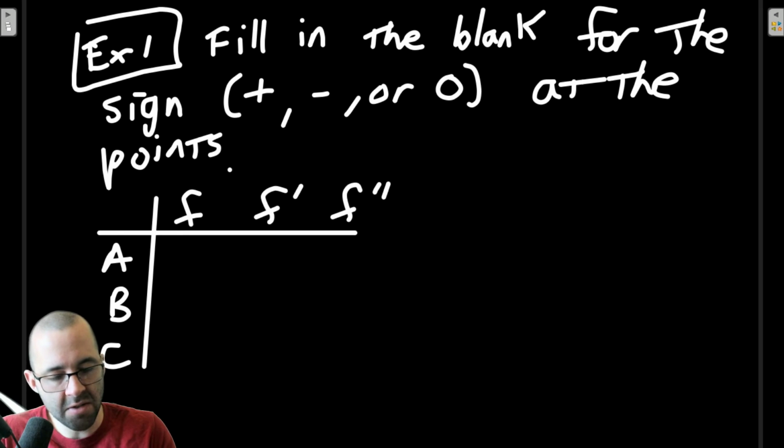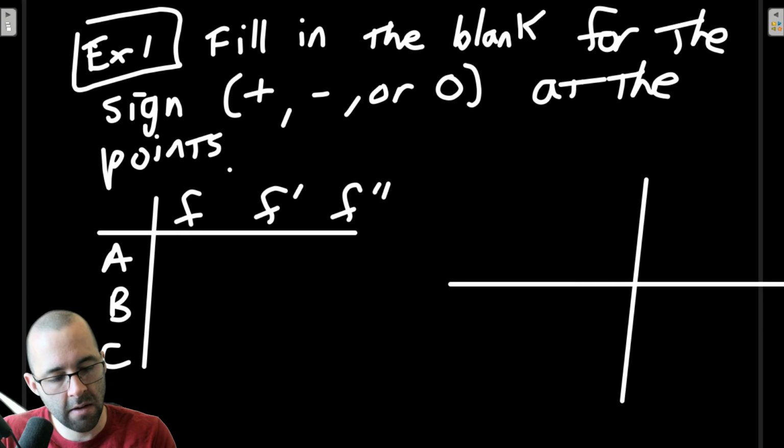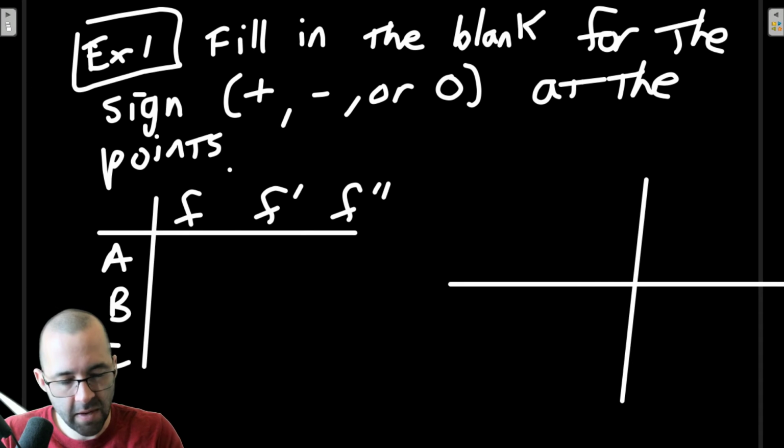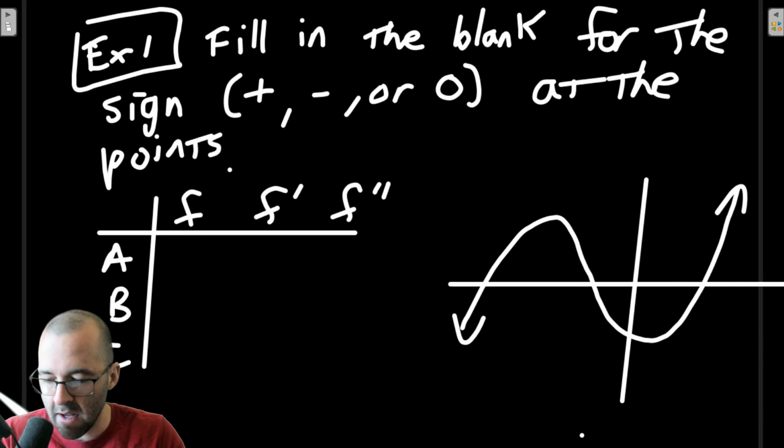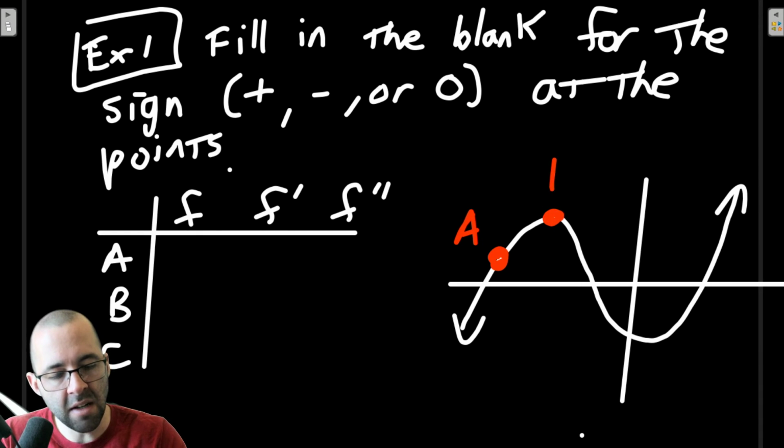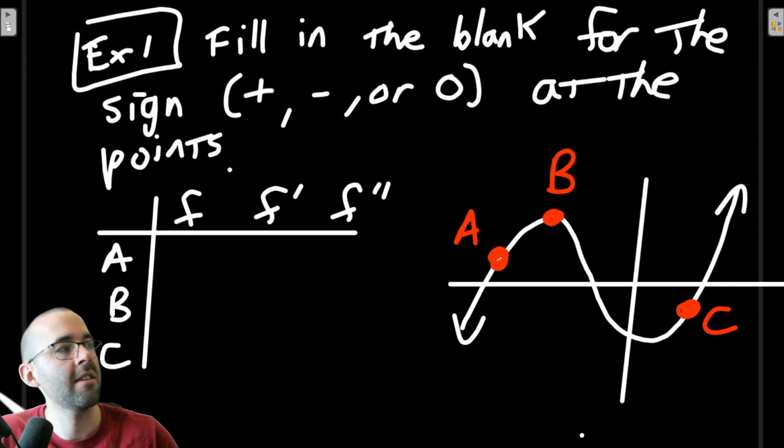It will also give you a function here. Let's say this function is like a cubic function. And the points are A, right here, B at this relative max, and C right here.